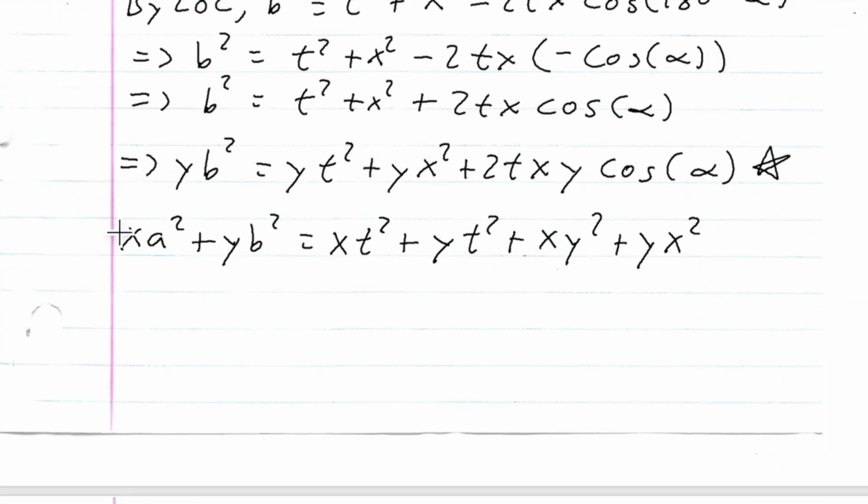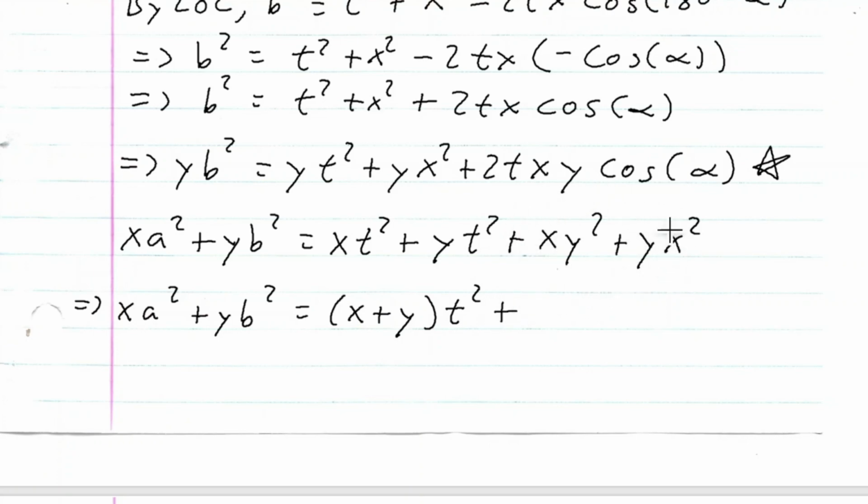So this implies that xa squared plus yb squared is equal to, in this I can factor out a t squared, so I'm going to write it like this: x plus y, t squared, factoring out that t squared, plus, and in this I can factor out an xy. If I factor out an xy from both these terms, I would be left with y over here, and then plus x over here.